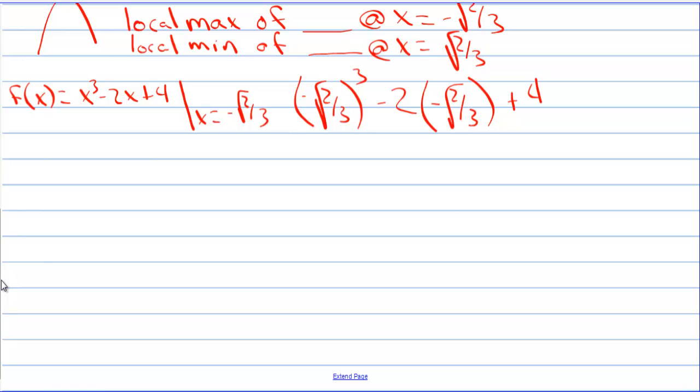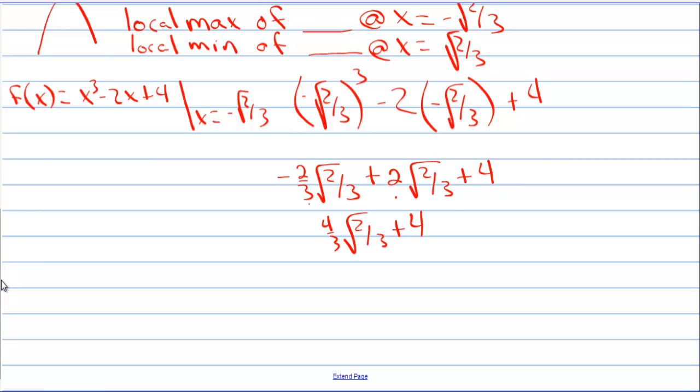So that is negative 2/3 times the square root of 2/3 plus 2 times the square root of 2/3 plus 4. 2/3 and 6/3 is 4/3. So 4/3 square root of 2/3 plus 4. Wow, what a number.